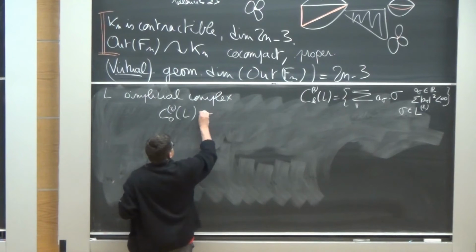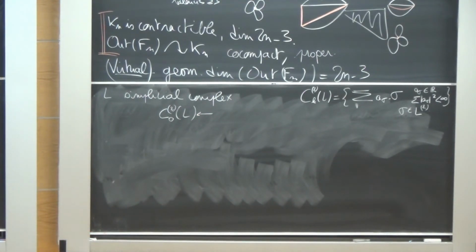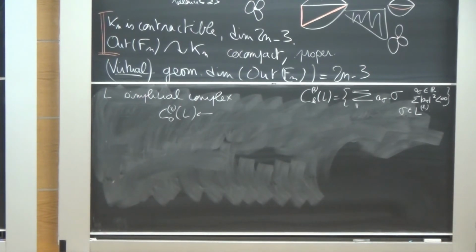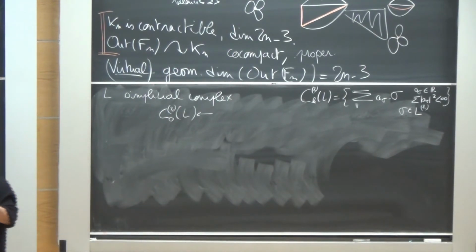Okay. So again, I want to consider the boundary map. It is defined on the base of my Hilbert space. Here you have to be a little bit careful because you cannot always extend continuously.